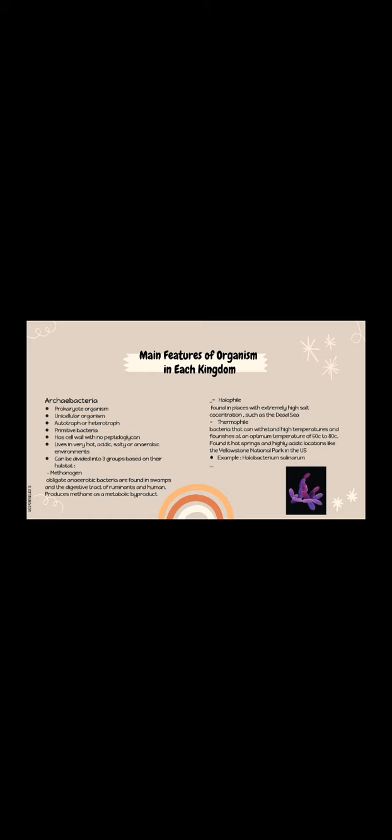And the last one is thermophile, bacteria that can withstand high temperatures and flourishes at an optimal temperature of 60 to 80 Celsius, found in hot springs and highly acidic locations like Yellowstone National Park in the US. For example here, Halobacterium salinarum.